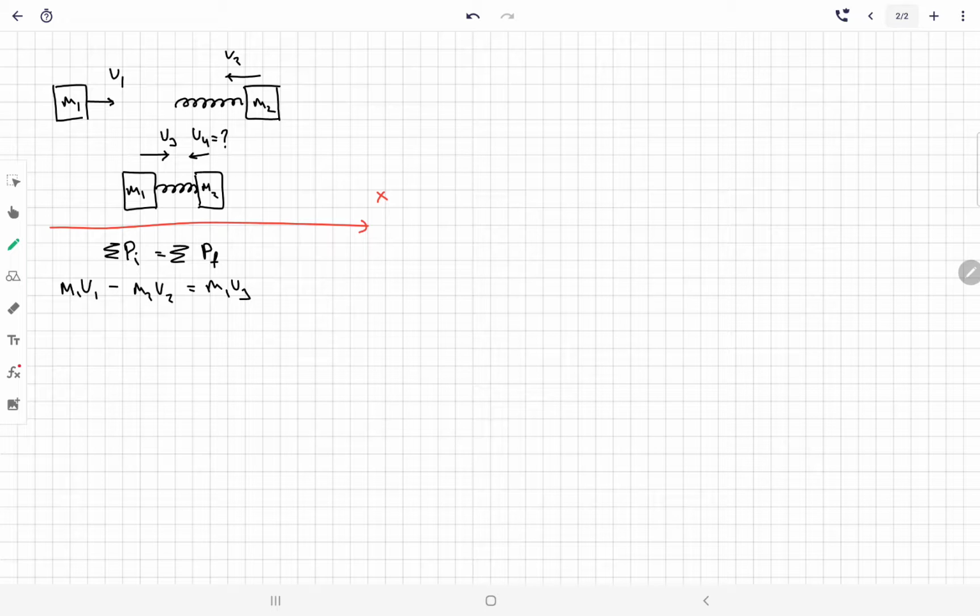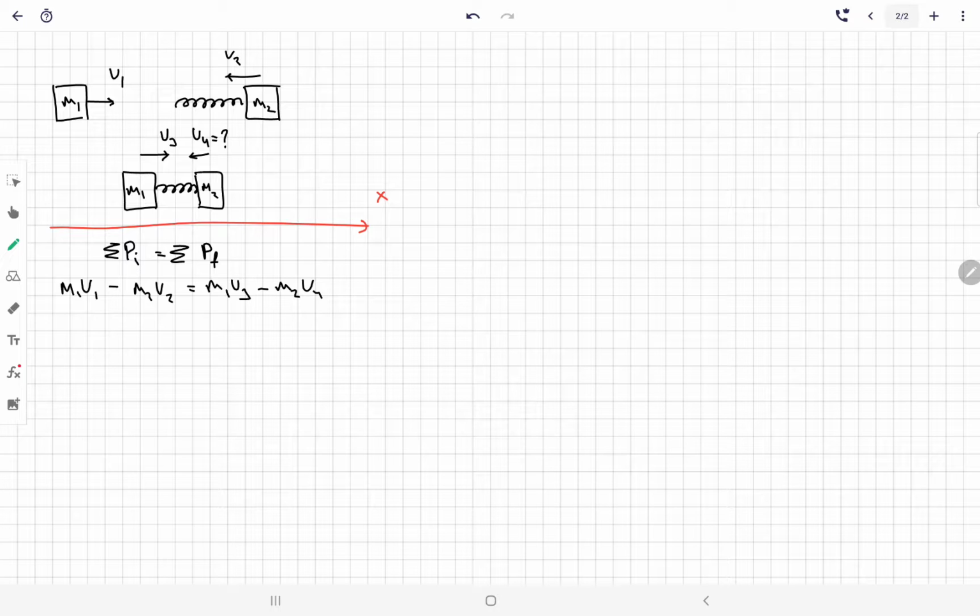The second one, we don't know in what direction it will be moving, but let me assume it will be moving to the left, as I show it here. That's why I will put a negative sign here, because I think it will still be moving to the left, but at the end we will check it.